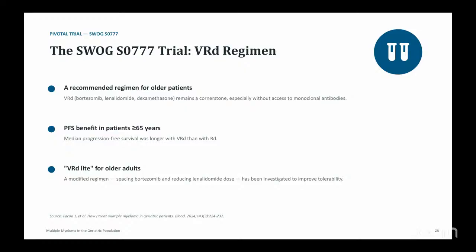So the message from this is that even within the studies that were made, the elder population were included to a certain degree, and even for some of the regimens, they experimented with changing the dose and spacing the dose so that the geriatric patient with multiple myeloma could tolerate the specific chemotherapeutic agents that they were receiving.